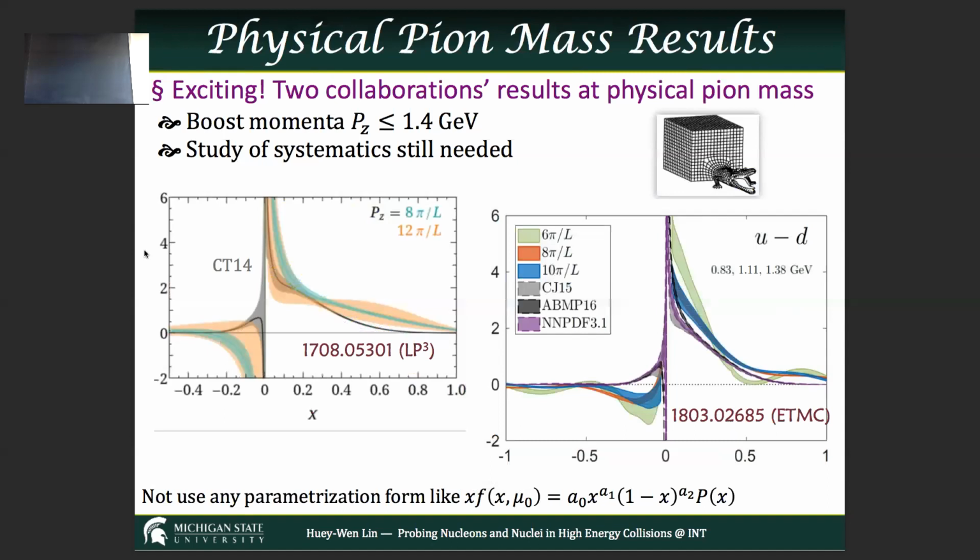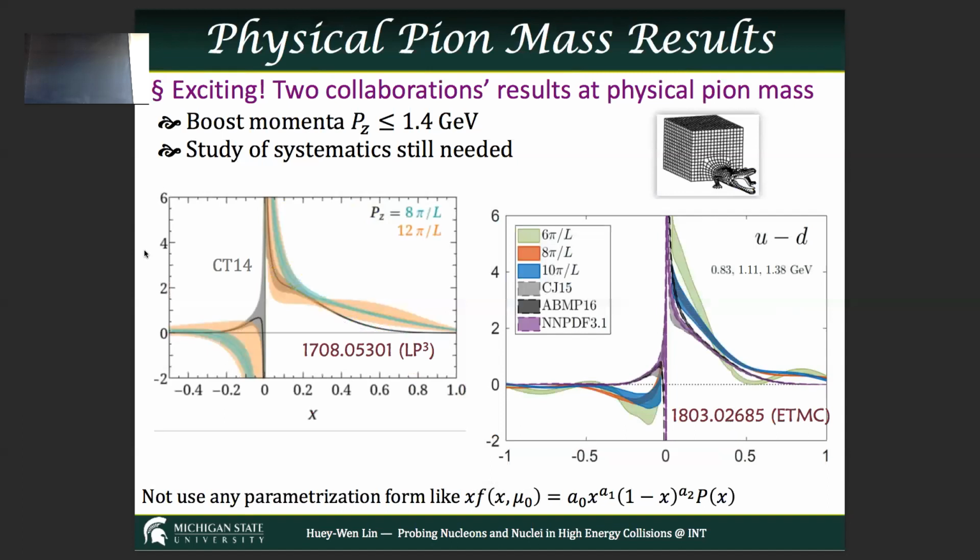They can actually change sign, but this is the statistics we're working on. Similarly, you can also see some comparison between ETMC and some of the phenomenological fits. That is still quite hard to reach in the C-quark region.